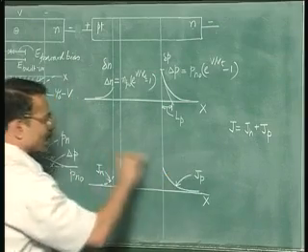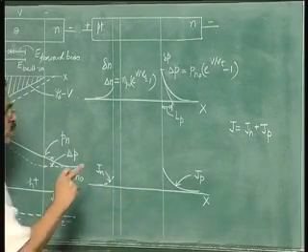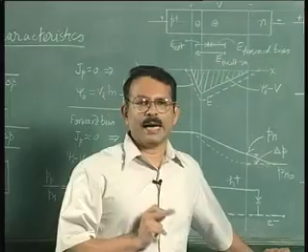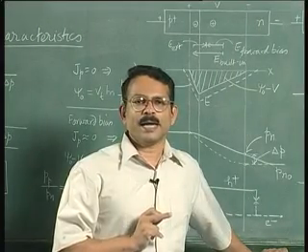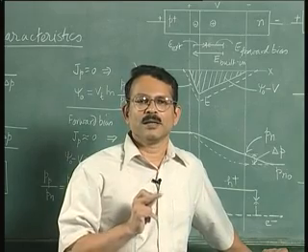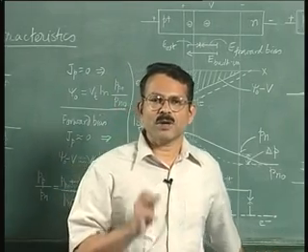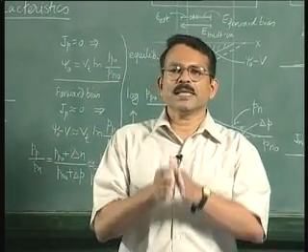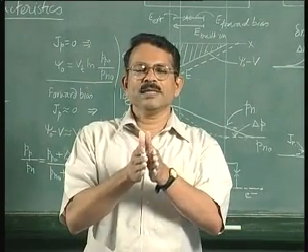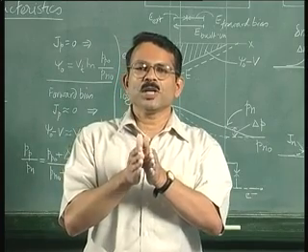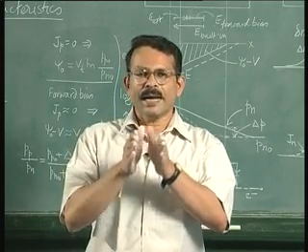Right now we do not know exactly where to draw. So to draw that, we will make an additional assumption, and that is that there is no change in the hole or electron currents in the depletion layer, which means there is no recombination of electrons and holes in the depletion layer. This is because the depletion layer is rather thin. We have seen that it is only about a micron. So we can assume the recombination to be negligible as an idealization.